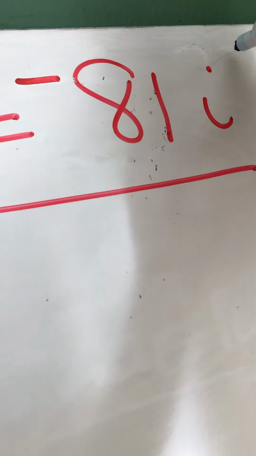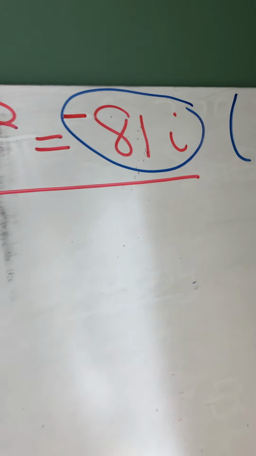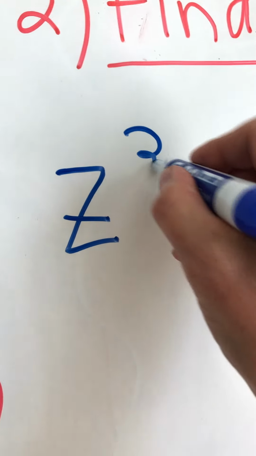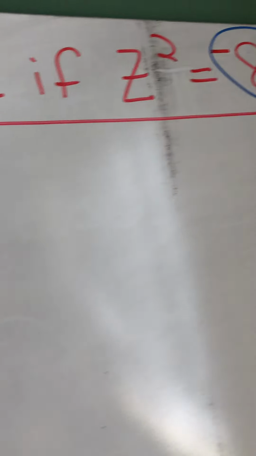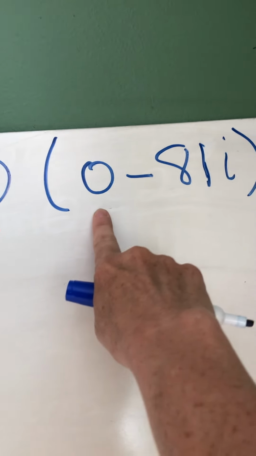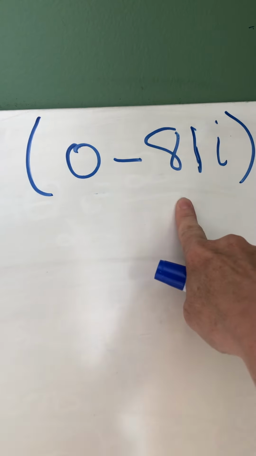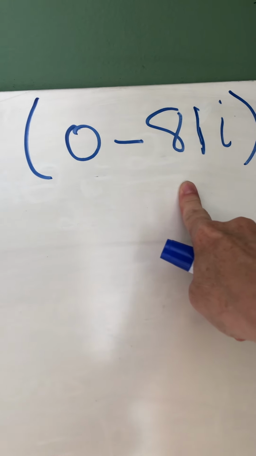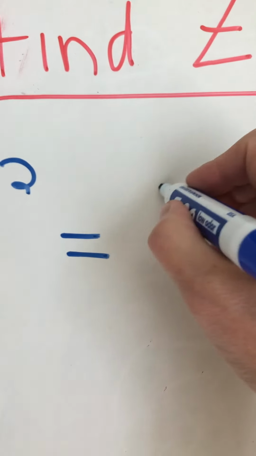So we are going to have to switch -81i to polar form. For my R, I would square 0, square -81, add them up and take the square root. That would get us an 81 for our R.